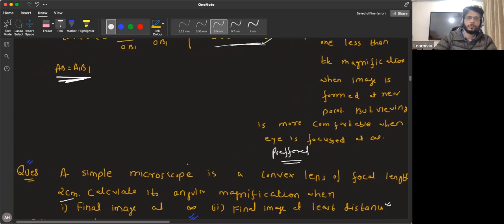And note down this numerical also. A simple formula based thing. No need to use sign convention in any formula of optical instrument. Just use these relations directly.